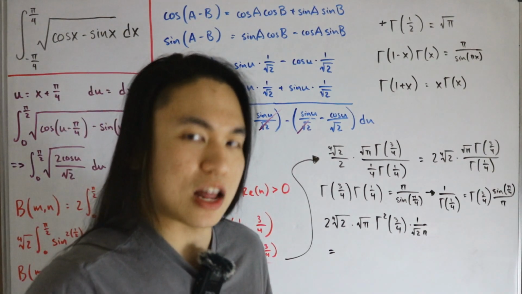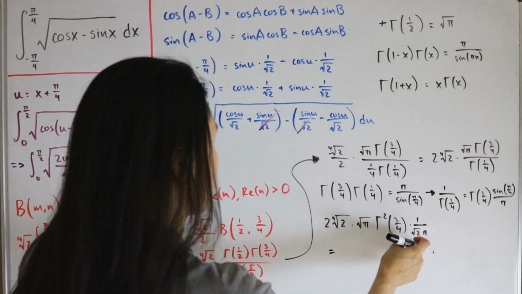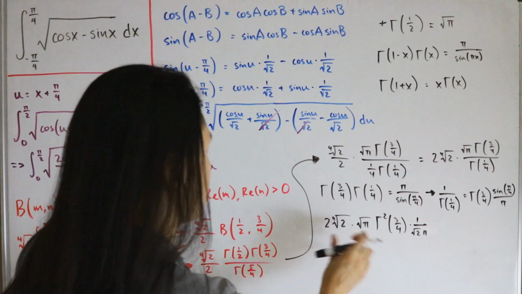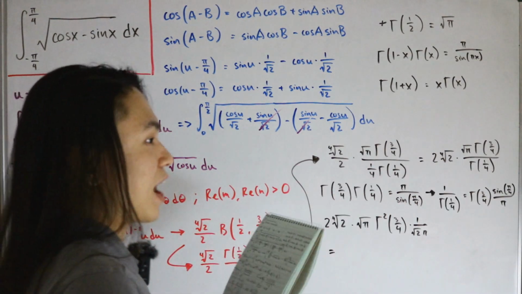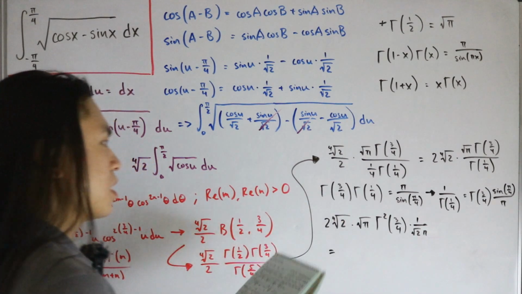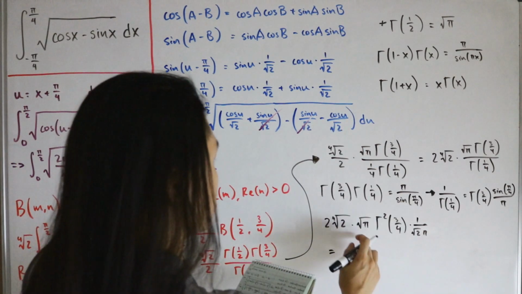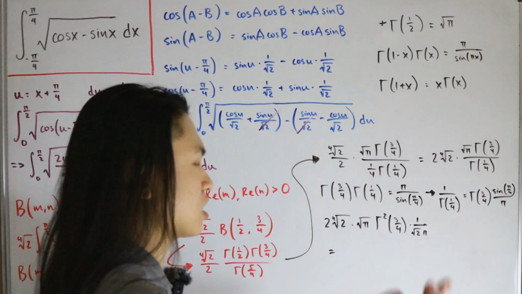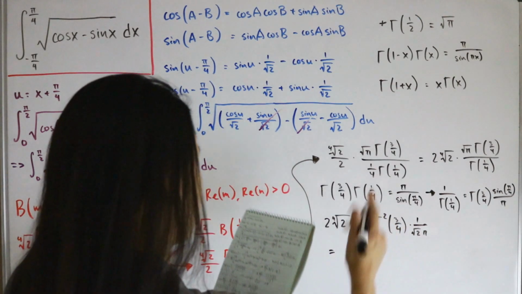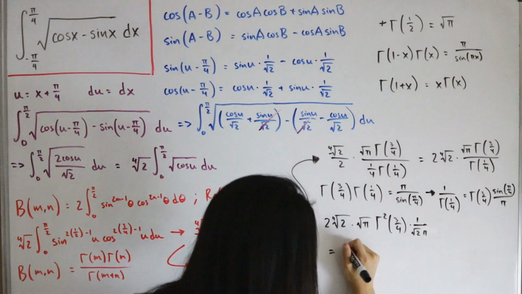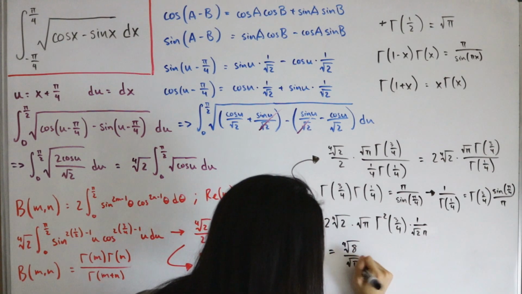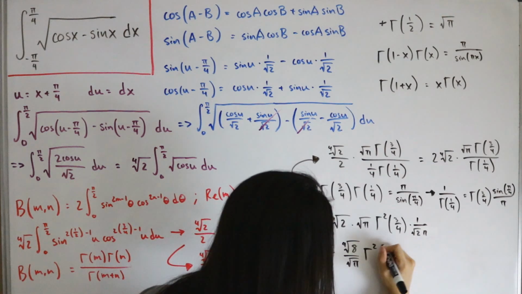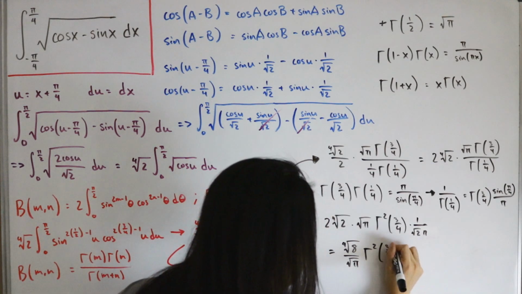This step is self-explanatory: move all the square roots of 2 together into one fourth root. Then there's the square root of pi divided by pi, which leaves the square root of pi in the denominator. So the final answer is the fourth root of 8 divided by the square root of pi, multiplied by gamma squared at the value 3 over 4.